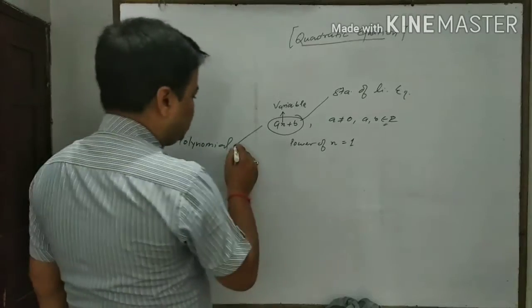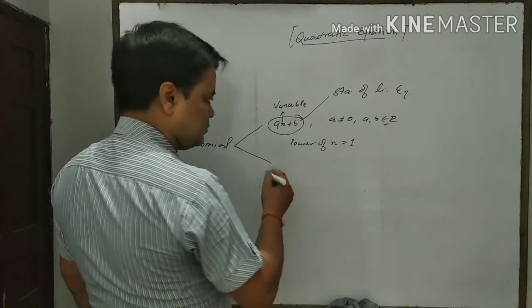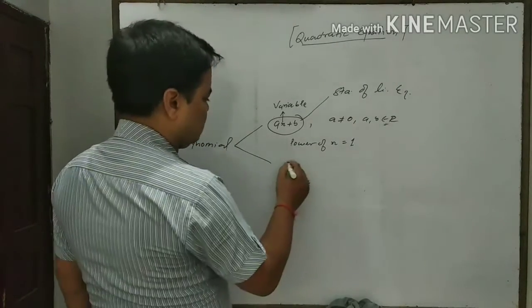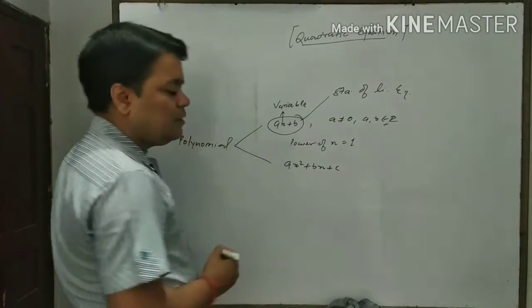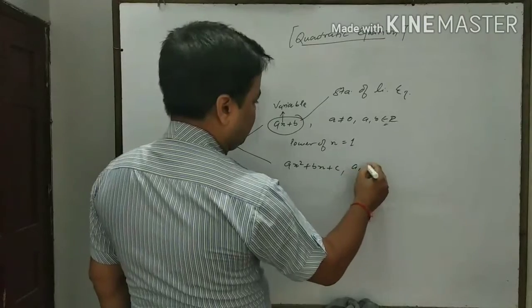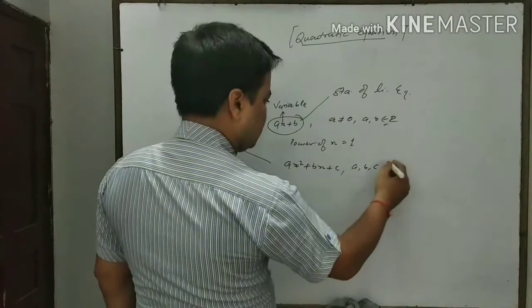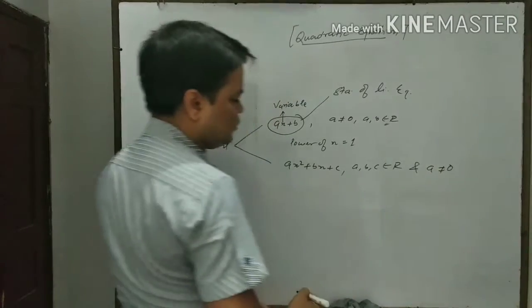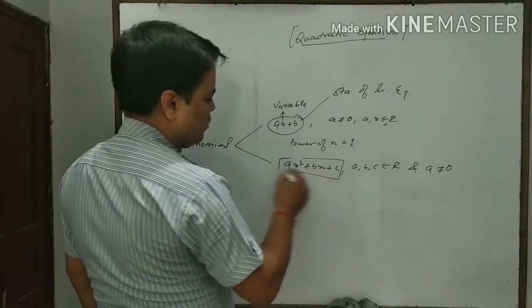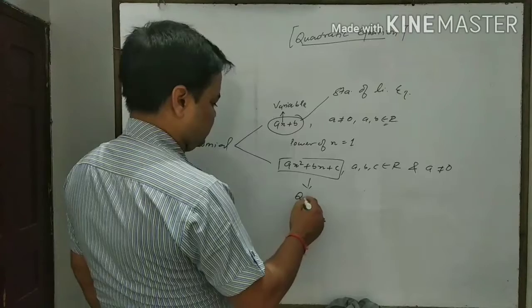Now if we have a polynomial in this form, ax square plus bx plus c, where a, b, c belong to real numbers and a is not equal to 0, then this is called a quadratic polynomial.